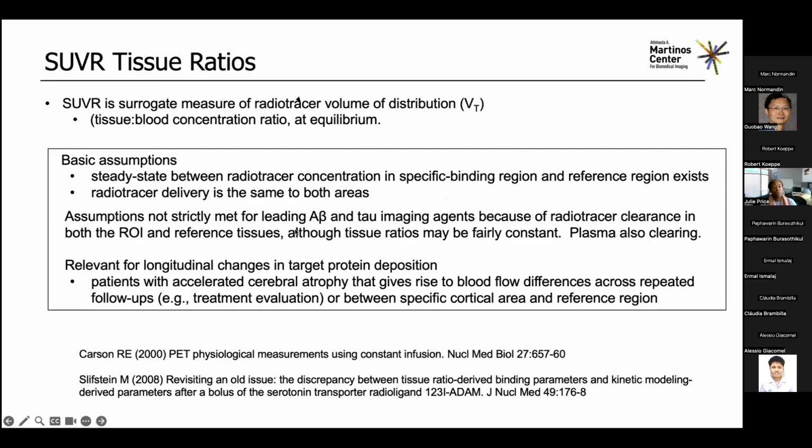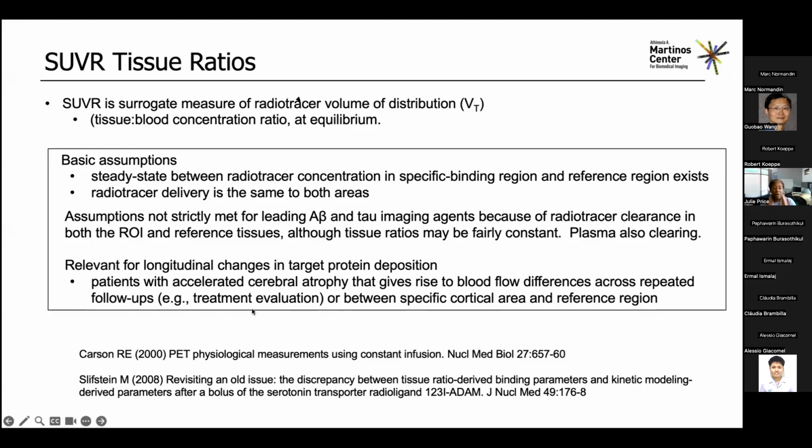These assumptions are not strictly met for leading A-beta and tau imaging agents because of radiotracer clearance in the region of interest and reference tissue, and although tissue ratios may be fairly constant, plasma is also clearing. As you saw from the arterial input functions, the plasma is not constant over time; it also is clearing.